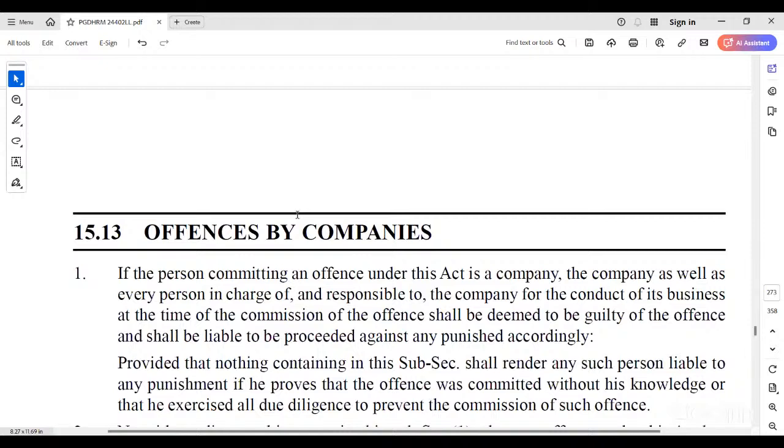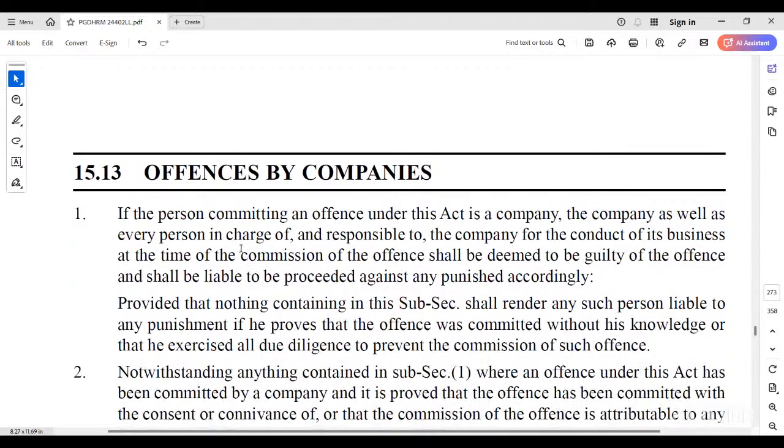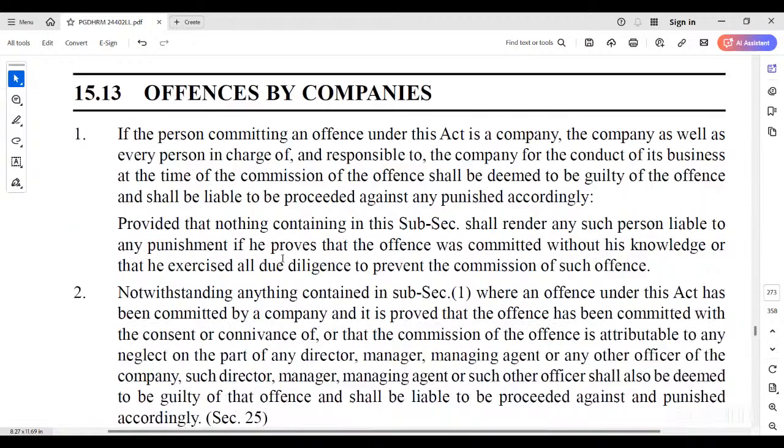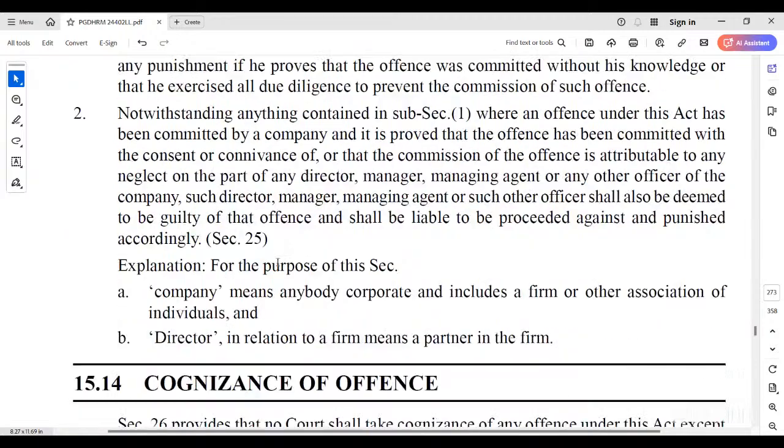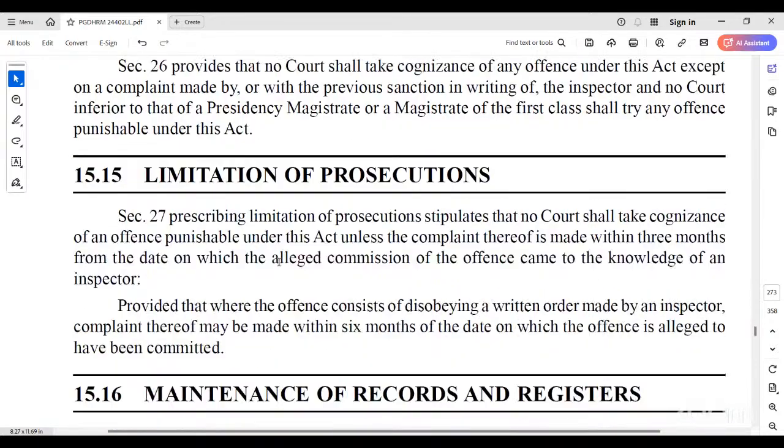Sometimes offences are committed by companies. If a person commits an offence under this Act in a company, the company as well as every person in charge is responsible.